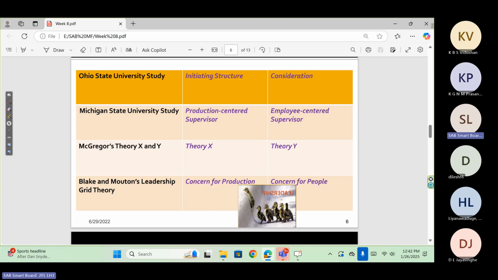Not just to know, you should be able to analyze that model as well. Analyze how those 2 dimensions have been taken to the 2 sides. They have been scaled. Then based on the scale and the intervals, the model identifies mainly 5 leadership styles.